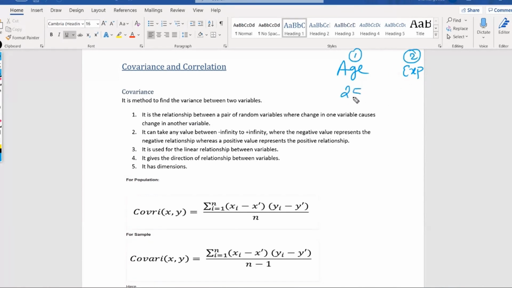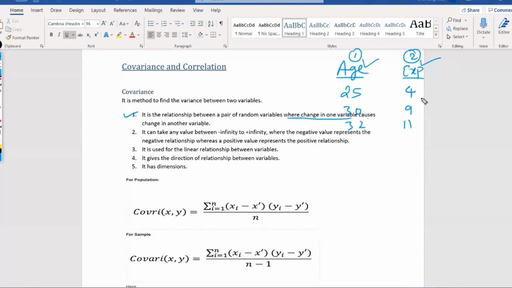Age, say 25, 30, 32, and experience 4 years, 9 years, and 11 years. So basically it is a relationship between a pair of random variables, and a change in one variable causes change in another variable.